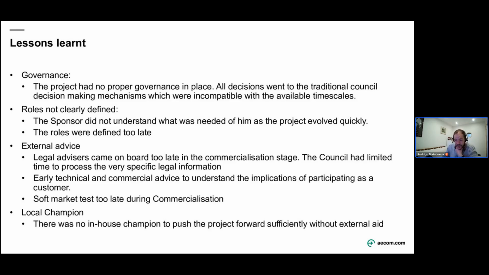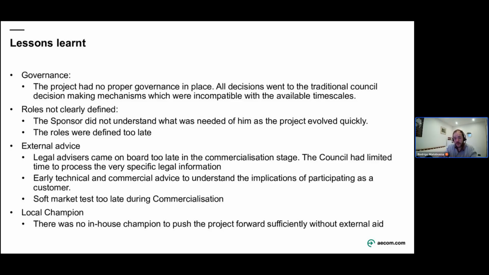Some of the lessons learned in this project, in this setting I was mentioning before, were specifically around governance. First of all, we didn't have that definition as clearly as we should have had it before, so there was a bit of a mix and match on those roles, and that led to not having proper governance in place.